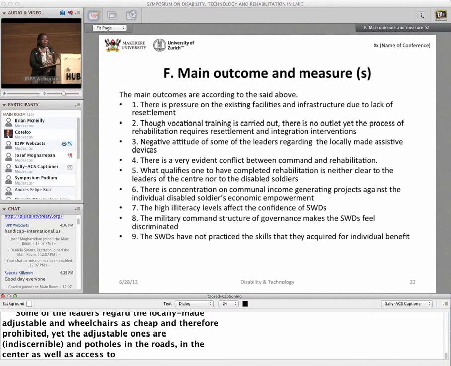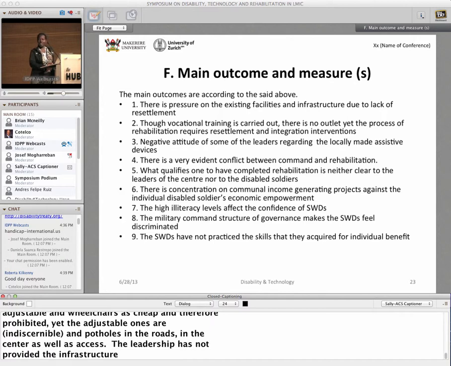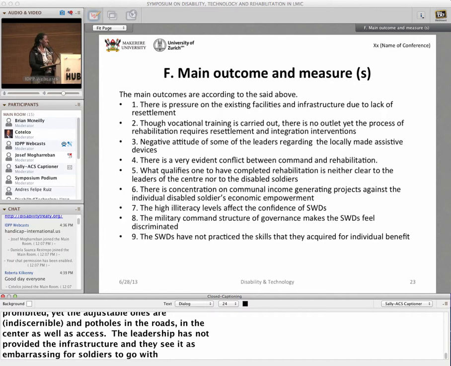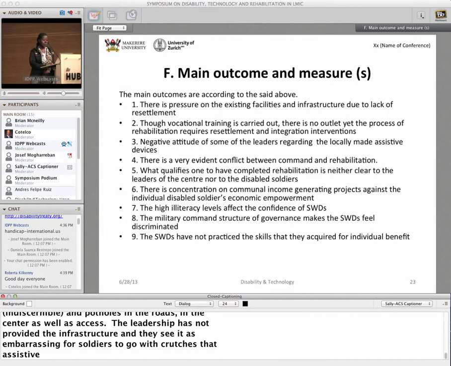Yeah, you find that the leadership has not provided the infrastructure, and they see it as embarrassing for soldiers to go with crutches that are so stiff.